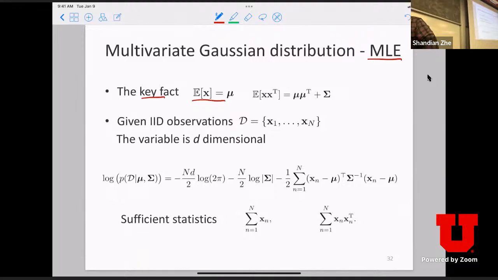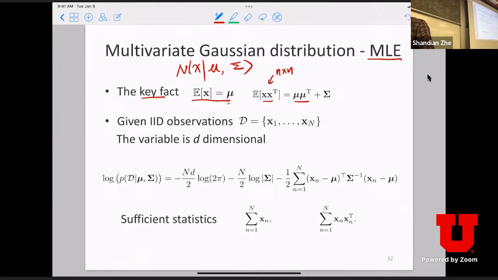So if x is parameterized by mu and sigma, then from the density function we can show that the mean of x is mu, and the expectation of the outer product of x, meaning xx transpose, which is an n by n matrix, is the covariance matrix sigma plus mu times mu transpose. I believe you have shown that in your homework.